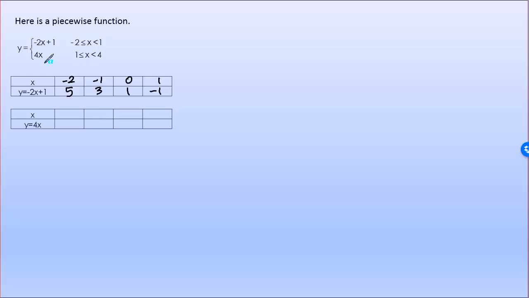Now I want the endpoint on here, which is 1. Oops, put it in the wrong place. So you get an eraser. So obviously x is 1, and then I'll do 2, 3 and 4. Again, making sure I get the endpoints. So 4 times 1 is 4, 4 times 2 is 8, 4 times 3 is 12, 4 times 4 is 16.